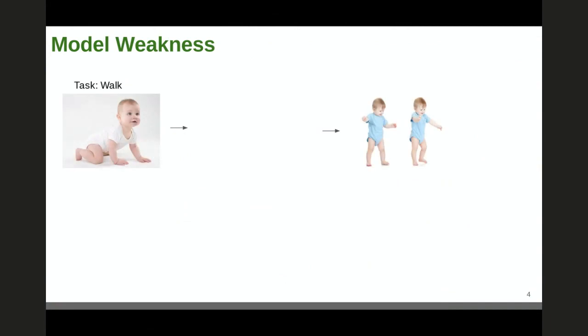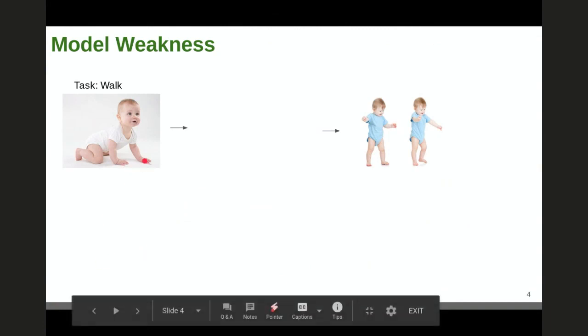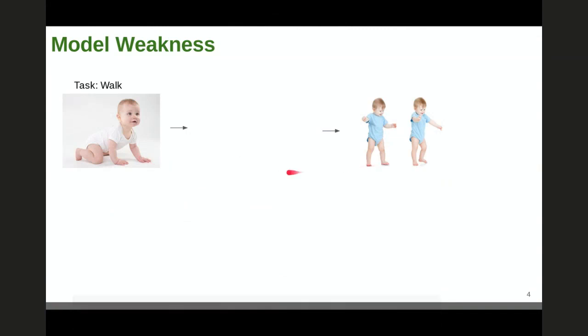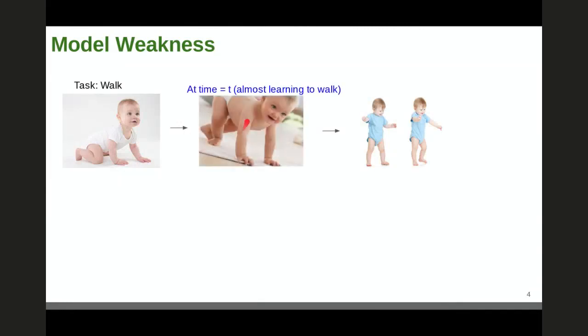For example, how to find a model weakness of reinforcement learning. Say we have an agent like this baby. The baby is gradually trying to learn to walk. The problem is when the baby has almost learned to walk, it's kind of shaking.